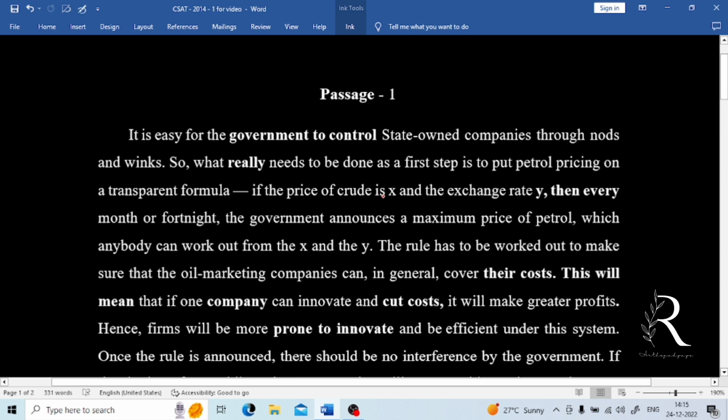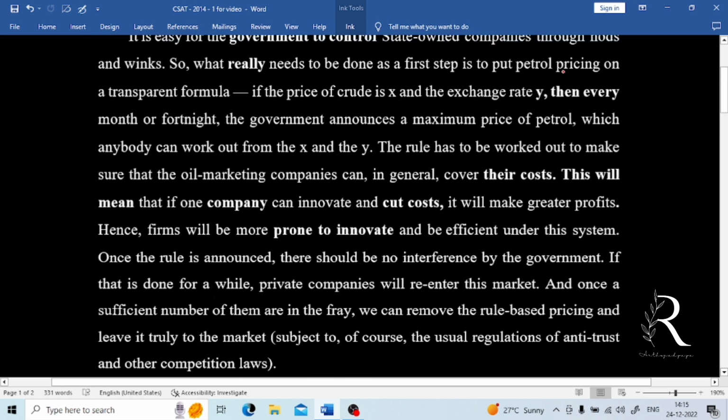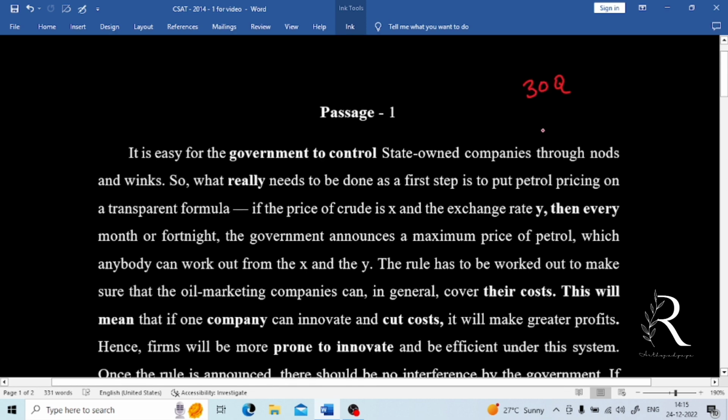In UPSC's prelims Paper 2, you will feel that it is easy to solve the passages, because normally, every year, around 30 questions come from passages in CSAT Paper 2. Out of 30 questions, if you attend only 20 questions, still you are making 50 marks.